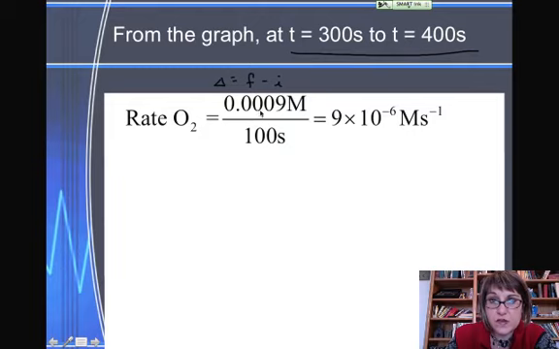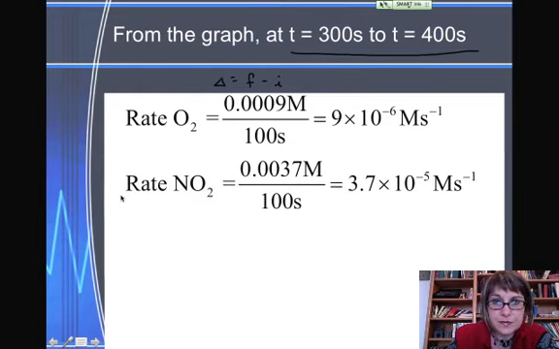I got 0.0009 molar divided by the time, which is 100 seconds to go from 300 to 400 seconds. That gives us a rate of 9 times 10 to the minus 6 molarity per second, or moles per liter per second.